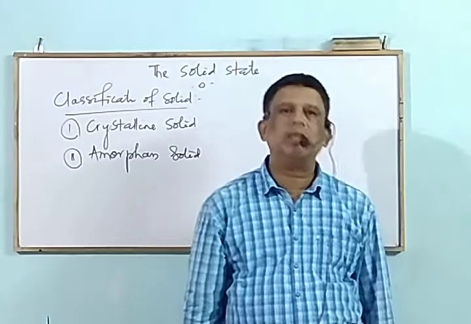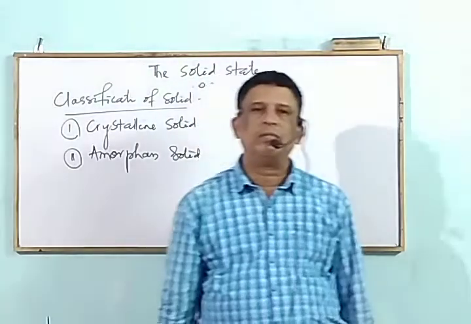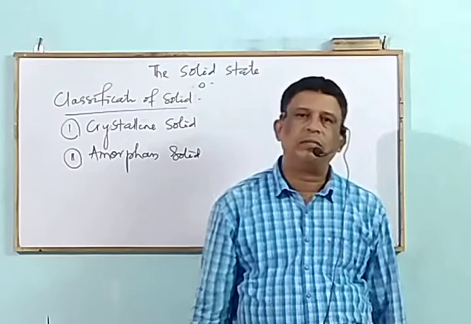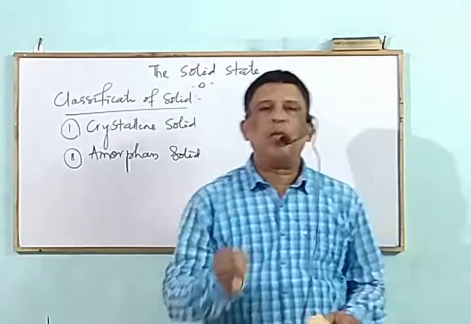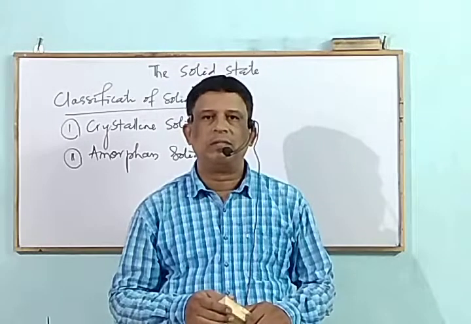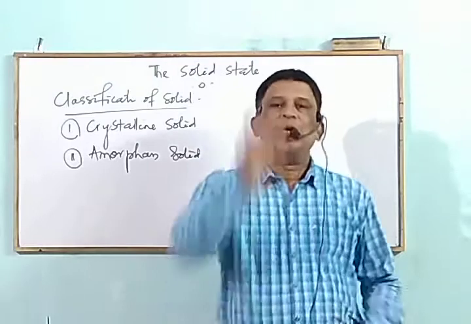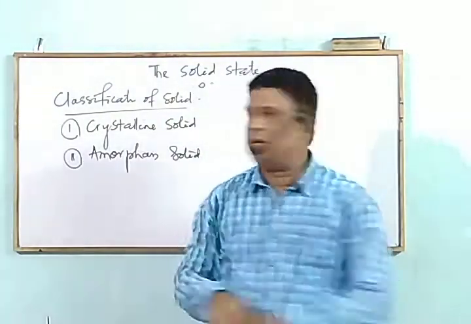Then it is known as amorphous solid. For example, fused silica, rubber, plastic, these are common examples of amorphous solid. Next we discuss what is the difference between crystalline solid and amorphous solid.